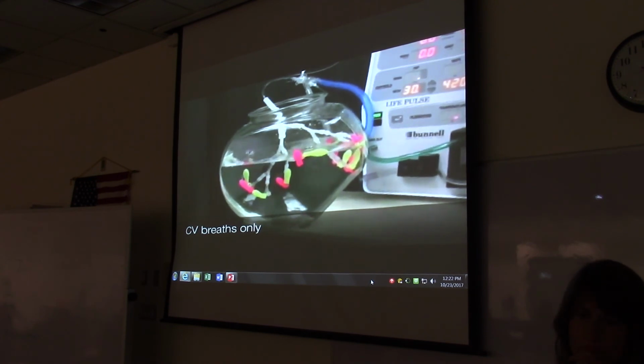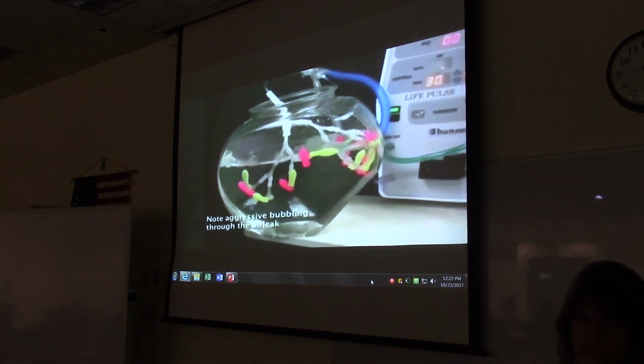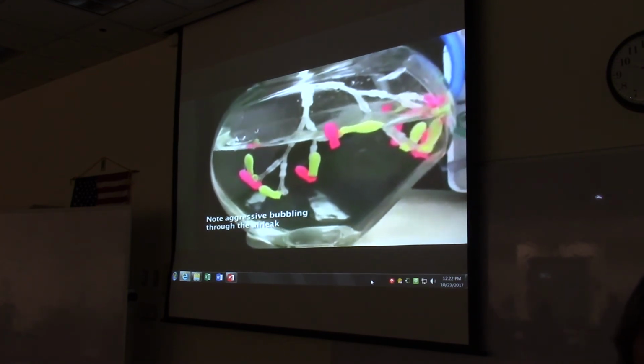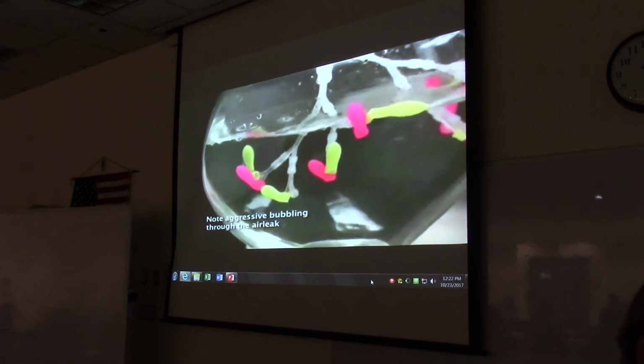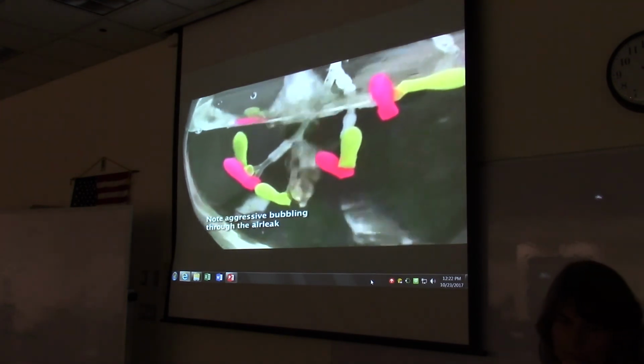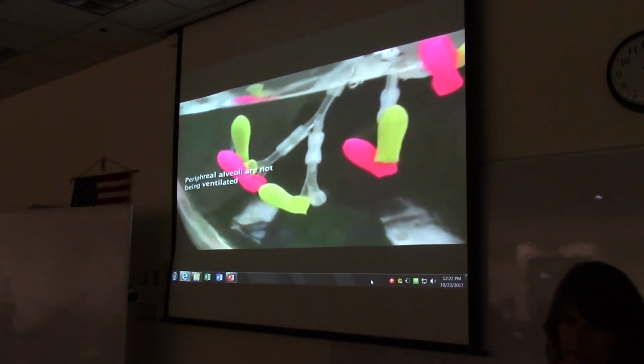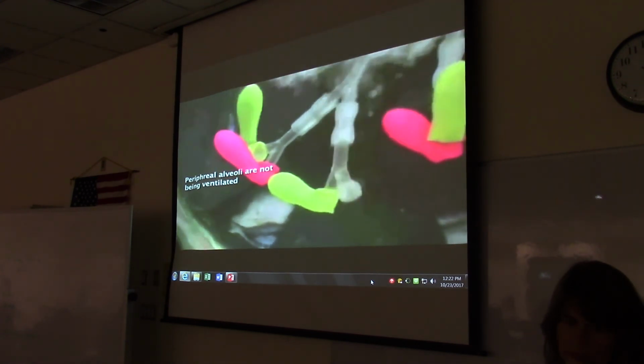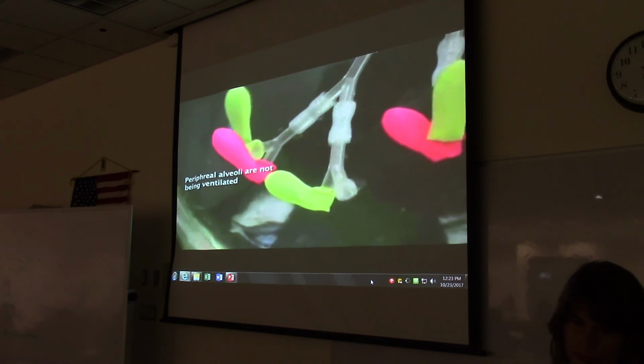When I show just the conventional breaths by themselves, you can see very aggressive bubbling out of the leak that I've created by removing one of the balloons from the muscle. Most of the air is exhausted through the leak, and very little, if any, is getting to the alveoli. So the peripheral alveoli are being robbed of tidal volume because most of it is being exhausted out of the leak.